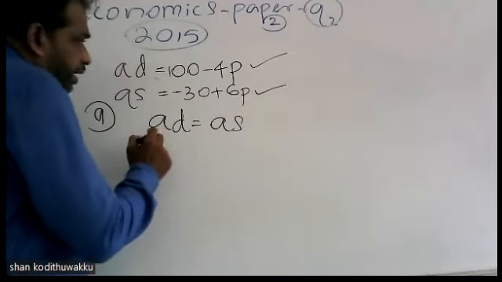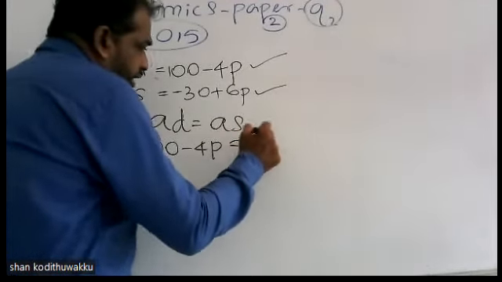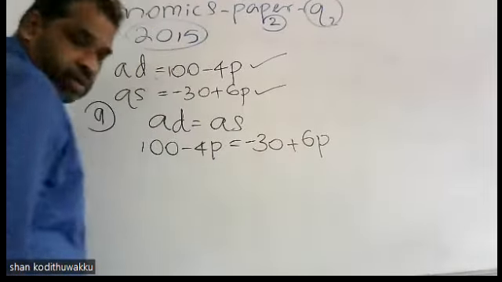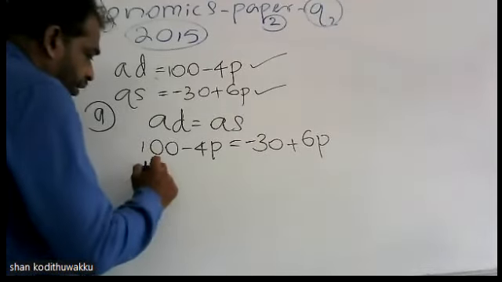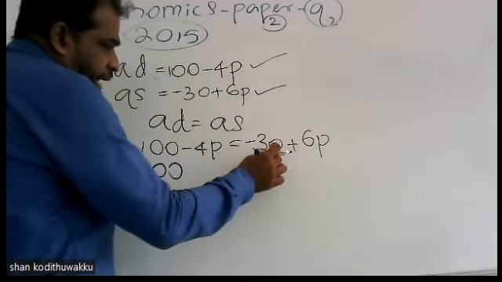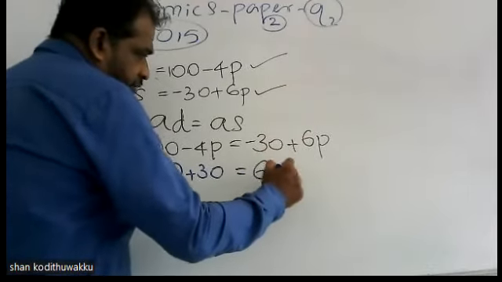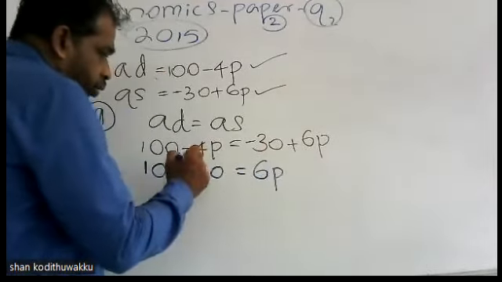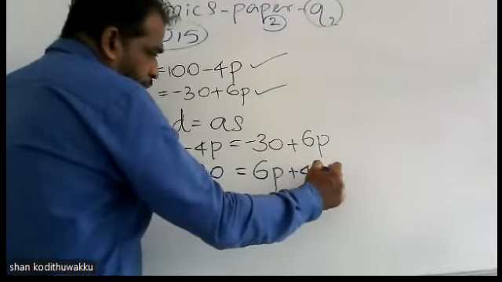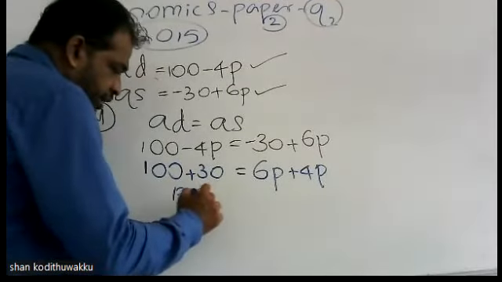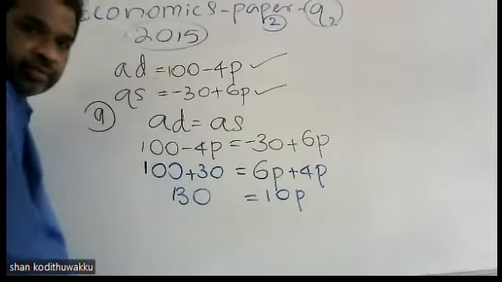Then we can equalize: 100 minus 4P equals minus 30 plus 6P. The 100 you can keep as it is. The minus 30, when you take it to the left side, becomes plus 30. On the right side we have 6P, and you can take the minus 4P from the left to the right, where it becomes plus 4P. Then 130 equals 10P, since 6P plus 4P equals 10P.